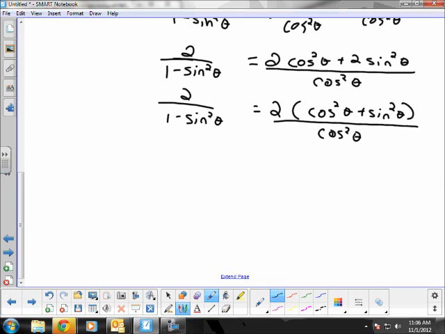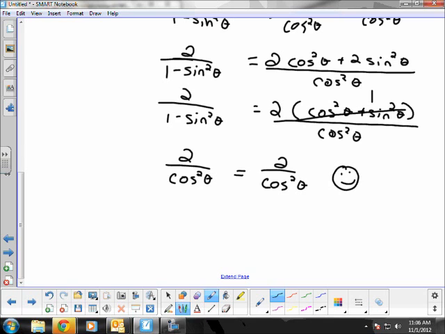Which is just 2 over the, so I could take this side and make it 2 over the cosine squared, right? And this, since that all turns into 1 because of the identity, that's just 2 over the cosine squared. Okay?